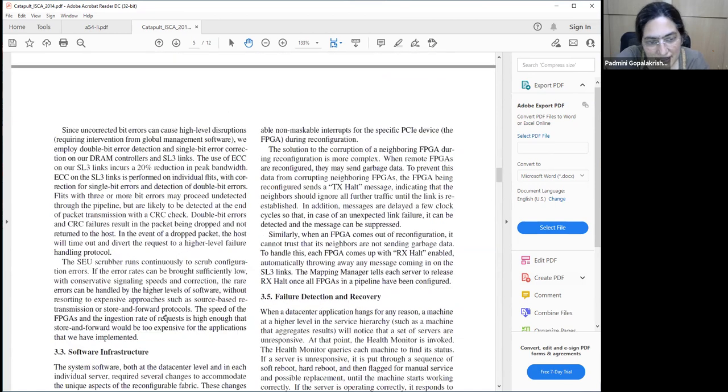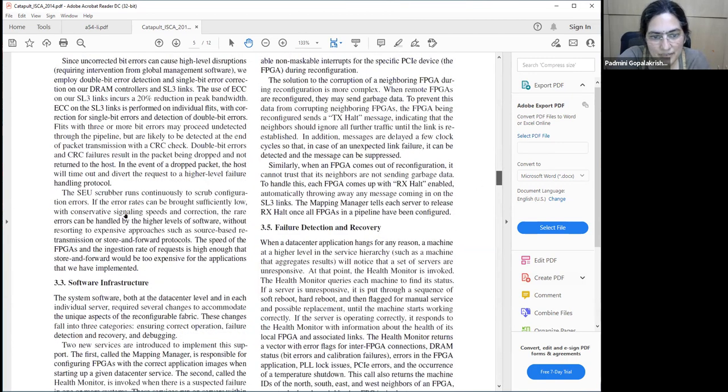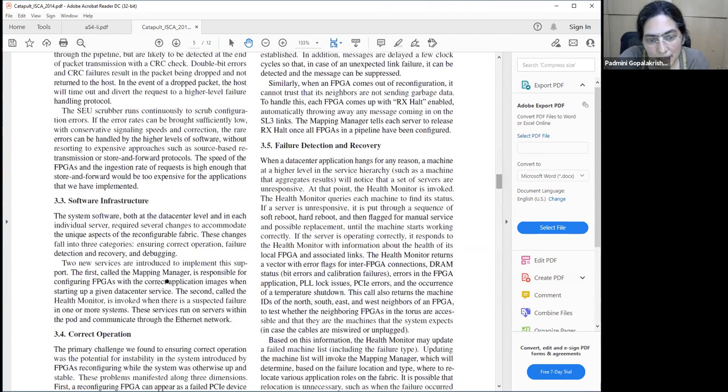Okay. Let us now look at how they actually configure this FPGA. So they have a service called a mapping manager, which is in software.